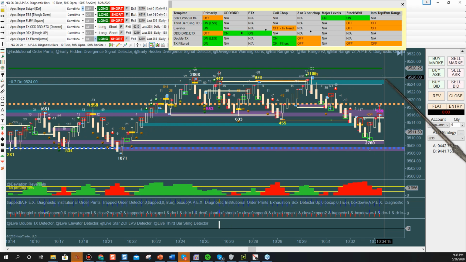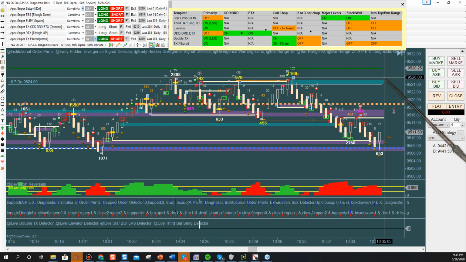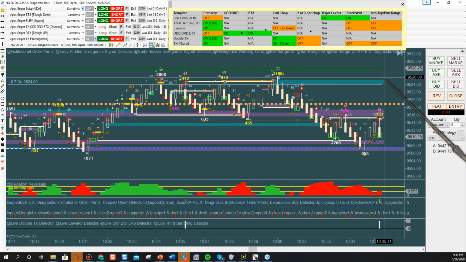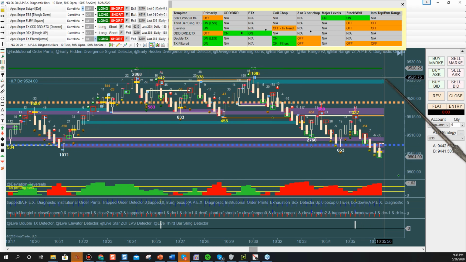All right, so we got normal short right there. Take profit's going to be before we hit a third level, so we're good. Got another short right here. It's also a double TX. It's going right into that flux with that ZOI. Profit taken.